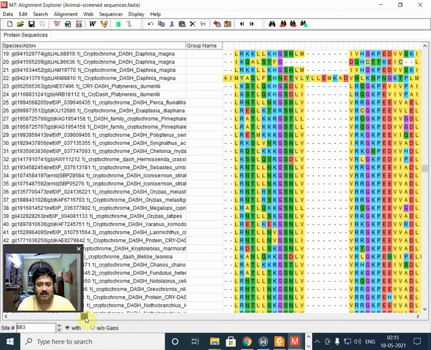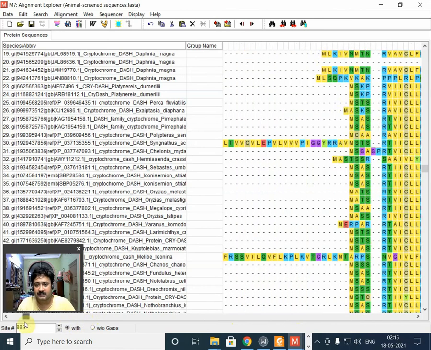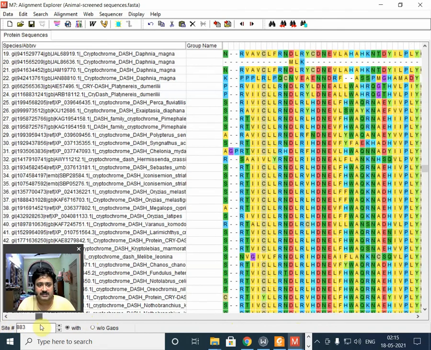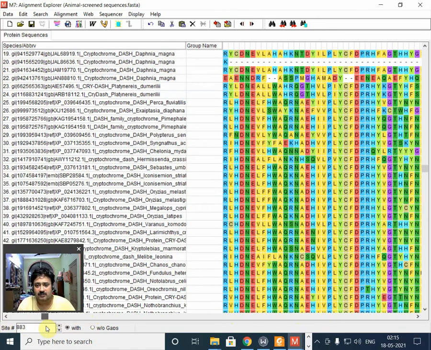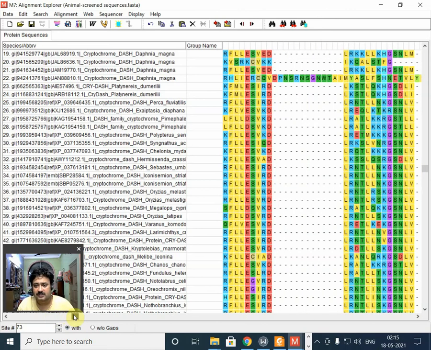Why am I not trimming and instead deleting it? Let's say this one I am seeing here, Daphnia magna 22. If you can see, except for one or two, all these amino acids are different from the rest of the other amino acids.